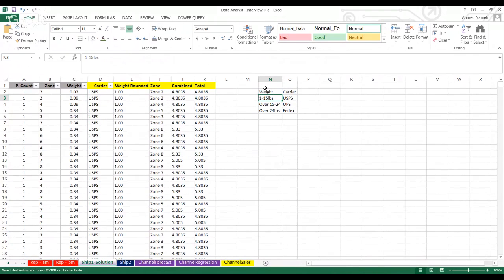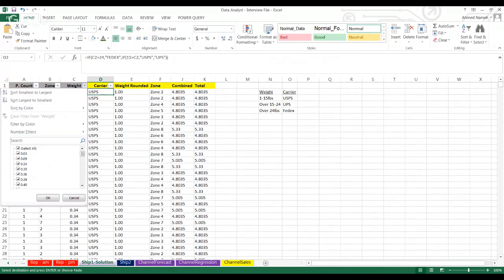So these are the rules by which I designed my if statement. If C, which is the weight, is greater than 24, you want FedEx. If it's less than 15, you want USPS. Otherwise, and based on the logic I had already provided, otherwise implies between 15 and 24, you want UPS.